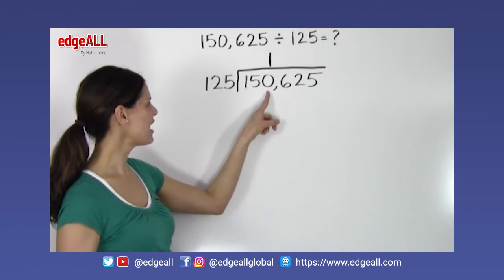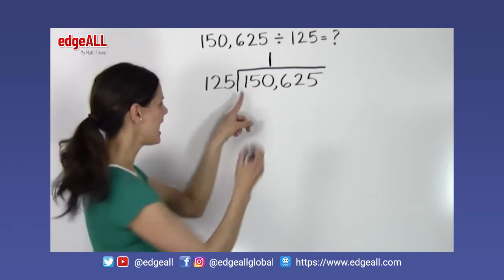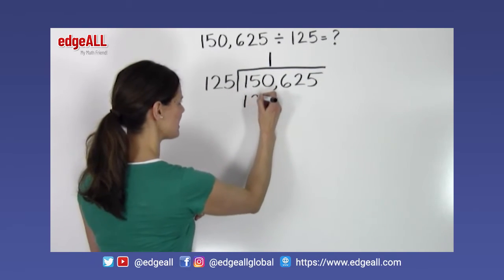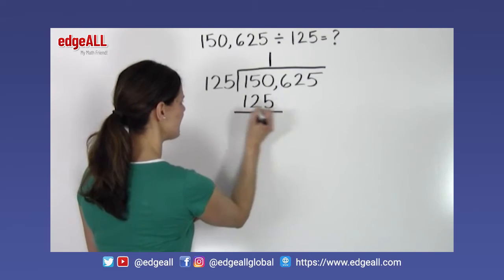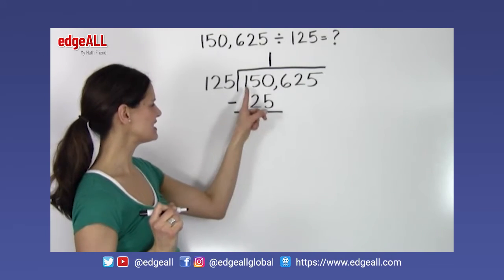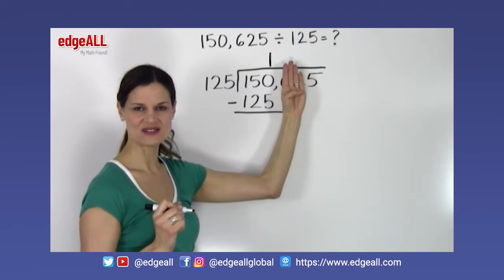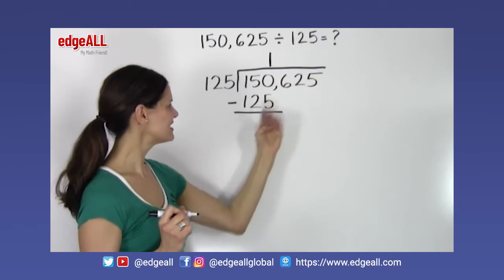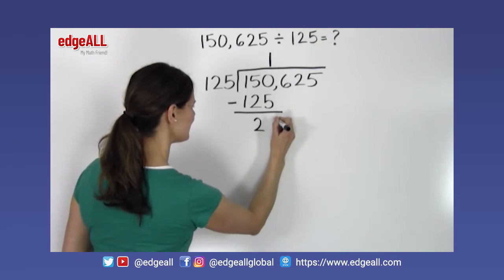And I perform the calculation of 1 times 125, and I write that answer right here below the 150. And then I subtract. I'm simply looking at 150 minus 125, and the answer is very straightforward, 25.